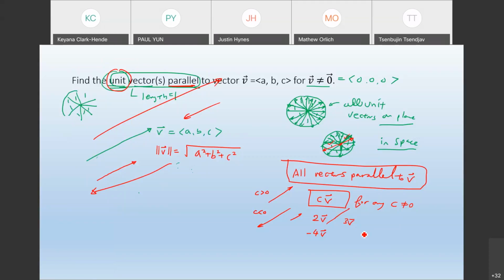How about negative 4V? 1, 2, 3, 4. Does that make sense, Justin? Yeah, any number, like 1.7, whatever. It's like extending it. Armando, transformation? Could be. Transformation usually means moving around, right? Armando, in the vector case, location doesn't matter.